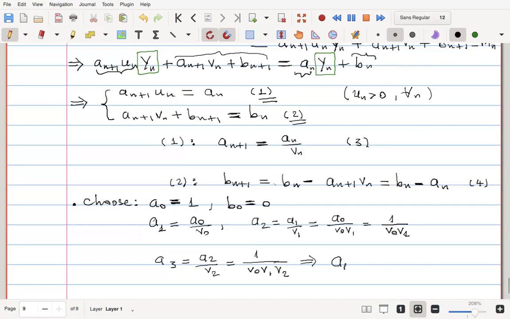So a_{k+1} will be the product of 1 by v_j, where j runs from 0 to k.